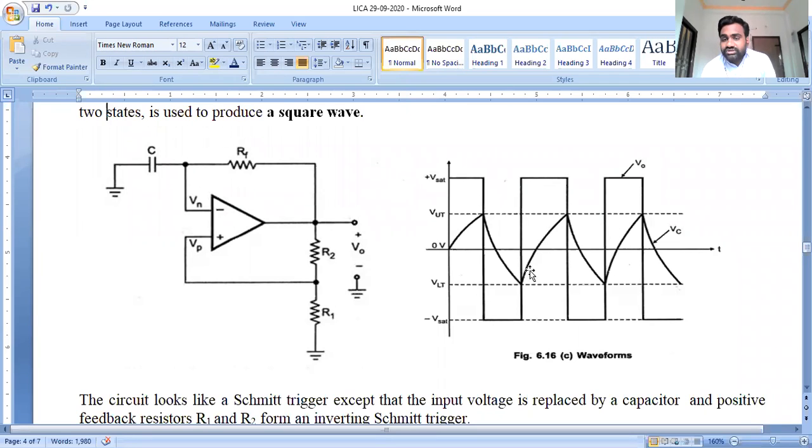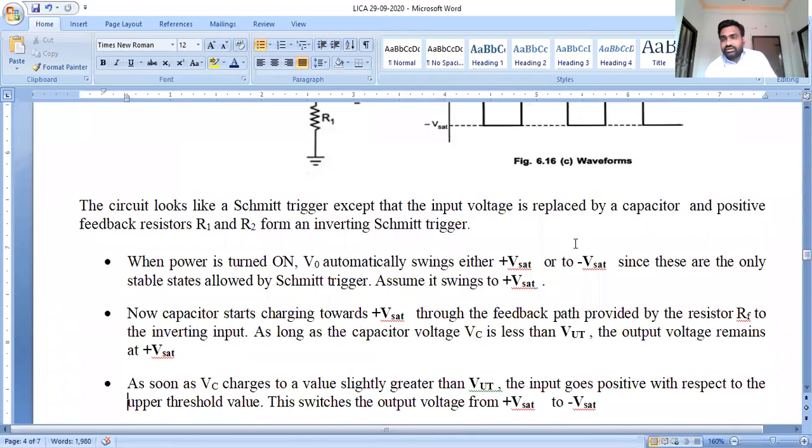At the first instance we calculated T with the help of the charging time, and next we calculated the discharge time, and the total time period is calculated. Total time period of capacitor charging and total time period of capacitor discharge. This peak time is calculated in the discussion of time period calculation.